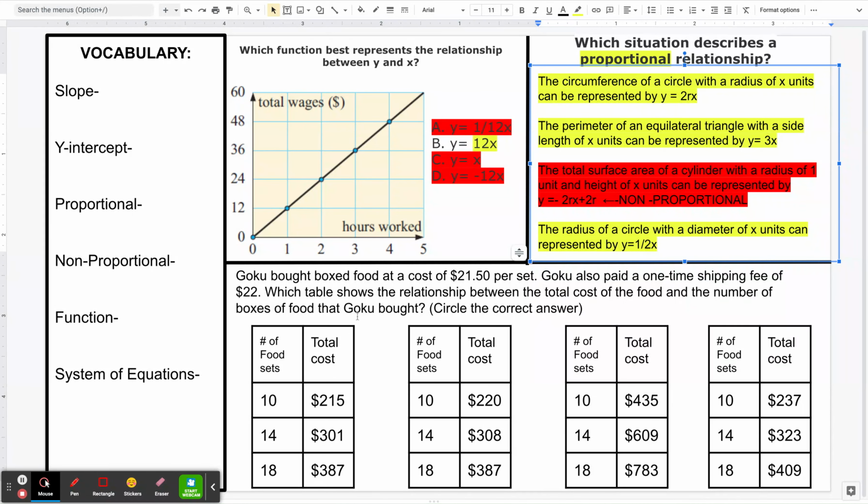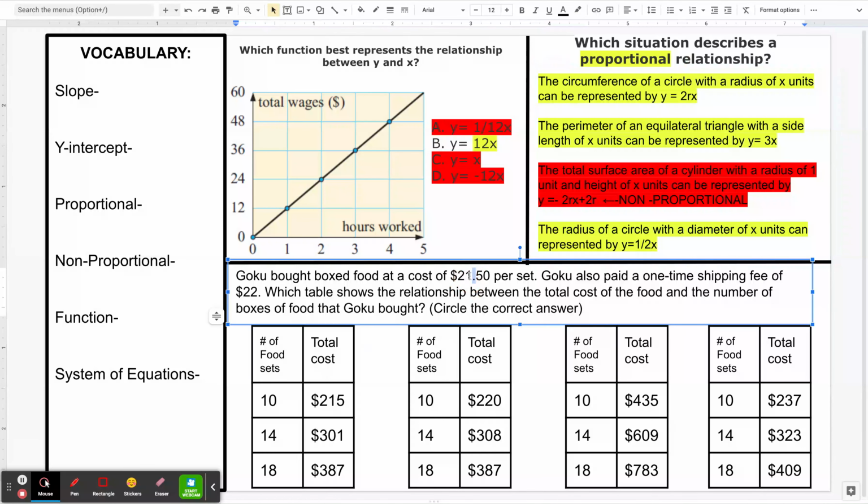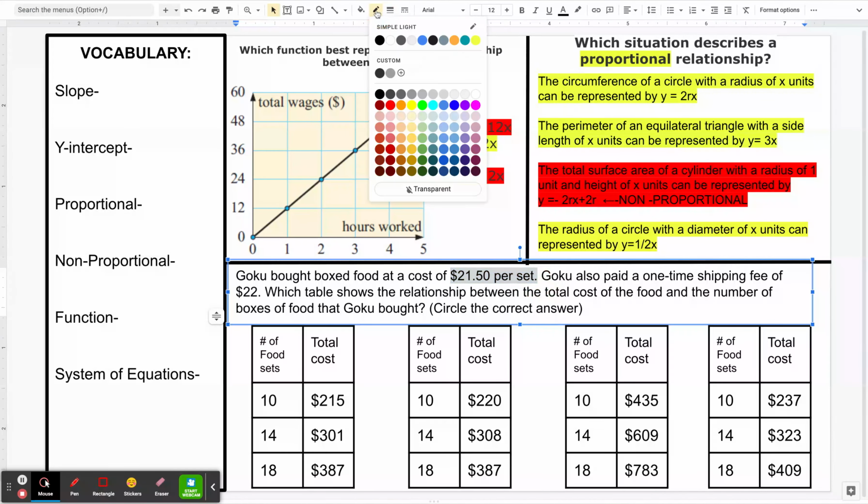Well, the glorious thing about this is that you could just see which one is true. Like which one of these actually fits the situation, that it was $21.50 per set. So if I took this $21.50 and I multiplied by 10, let me highlight it real quick.